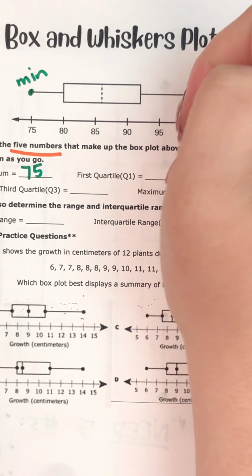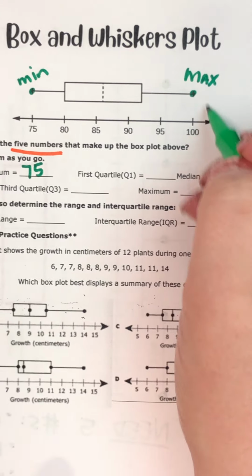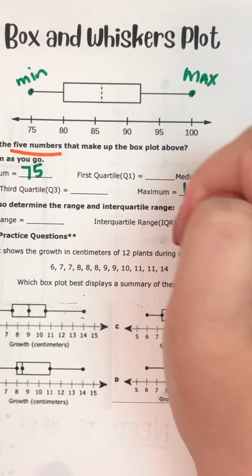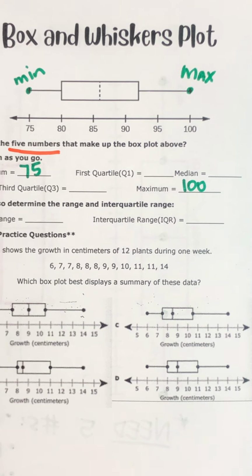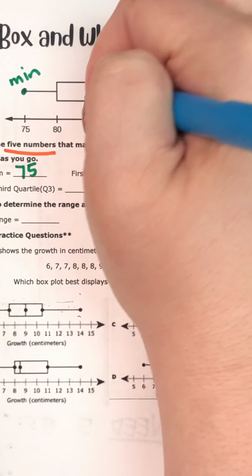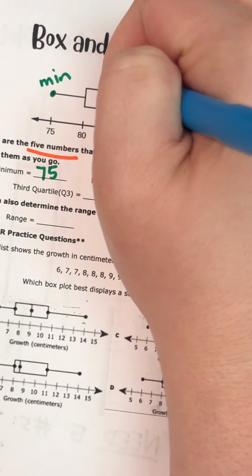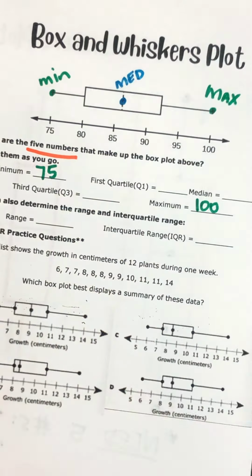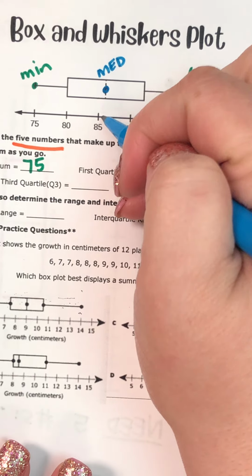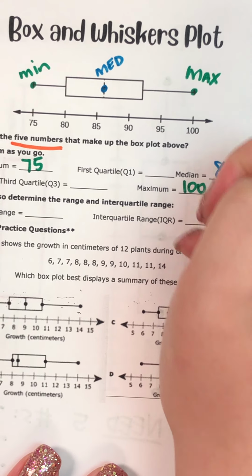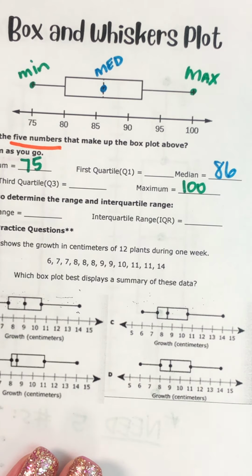Our maximum is the other end, our largest number, which is 100. Another word for median is middle, so our median is the middle section of our box. It looks like it's about 86, right in front of 85.